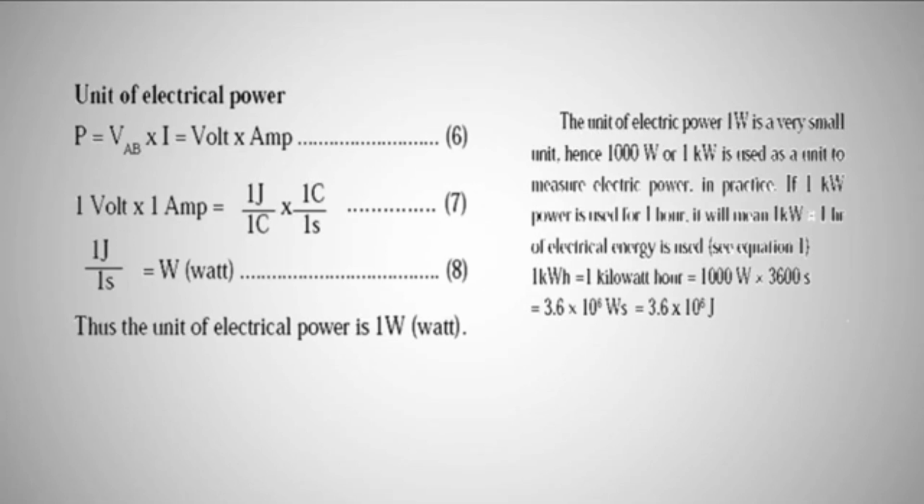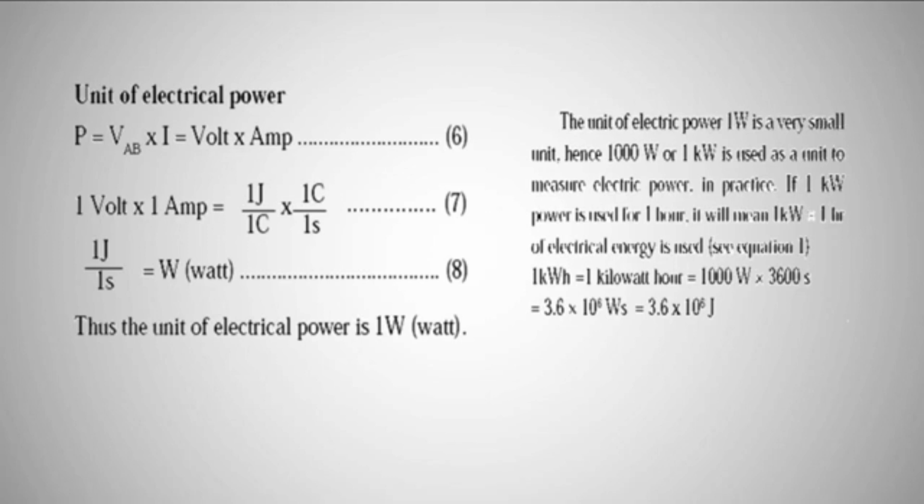In practice, if 1 kilowatt power is used for 1 hour, it means 1 kilowatt into 1 hour of electrical energy is used.